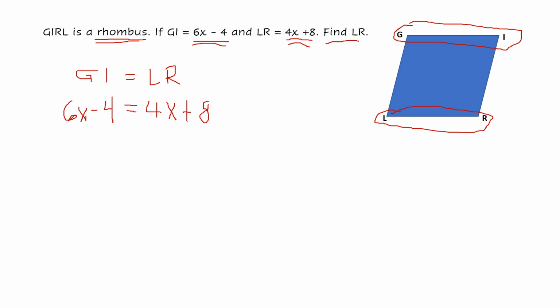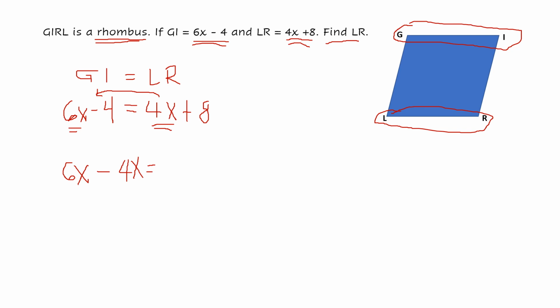So, since 6x is similar to 4x, then we can move or transpose 4x to the side of 6x so that we can combine them as similar terms. So it will become negative 4x now.